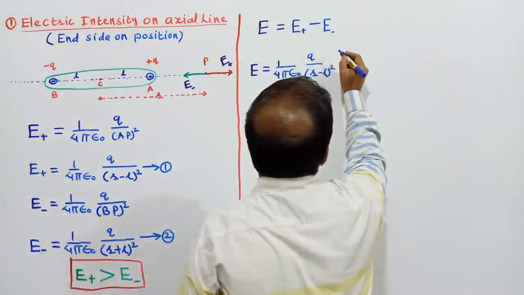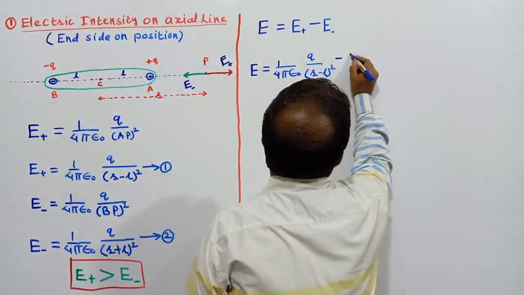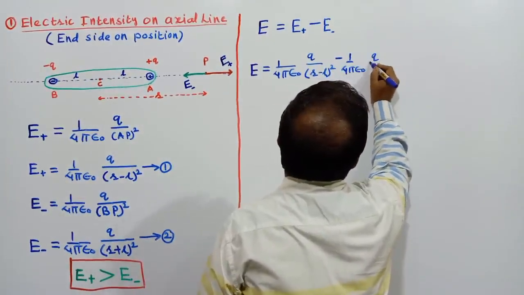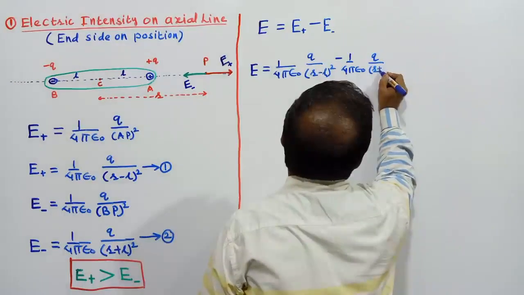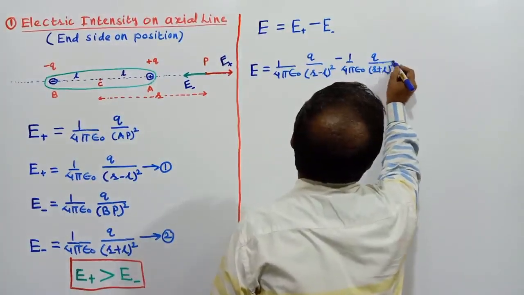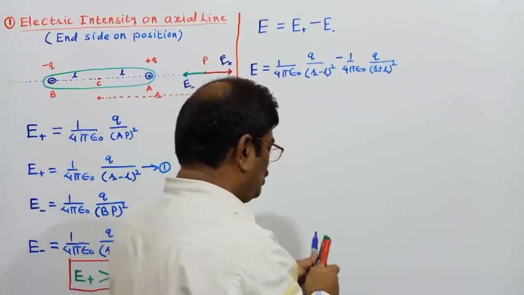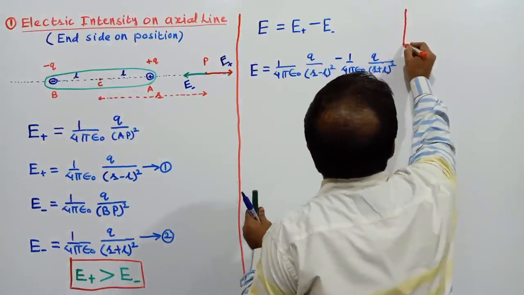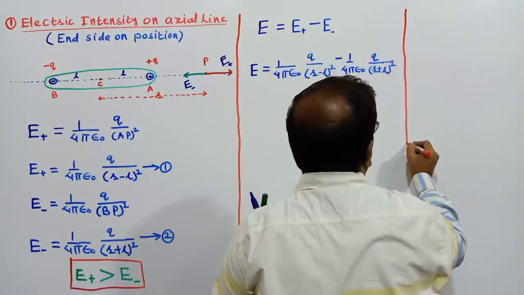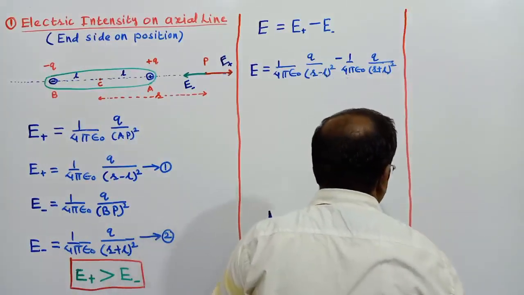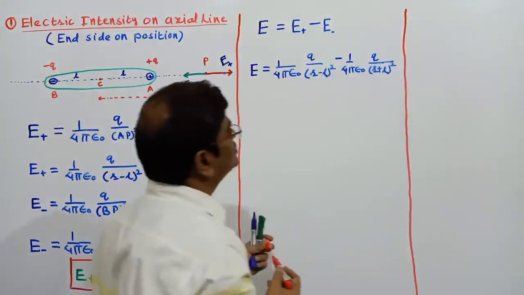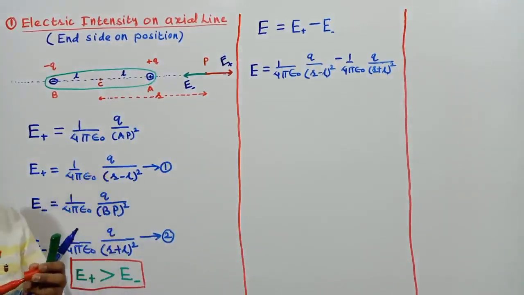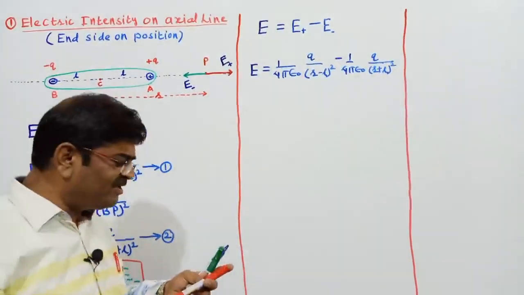Similarly, the value of E minus from equation 2, 1 upon 4 pi epsilon 0 Q divided by R plus L whole square. So, by referring to equations 1 and 2, the simple thing I am doing is substituting those values. That's it. From 1 and 2.